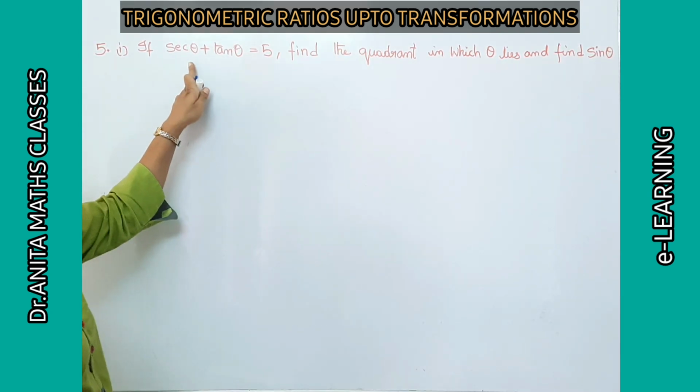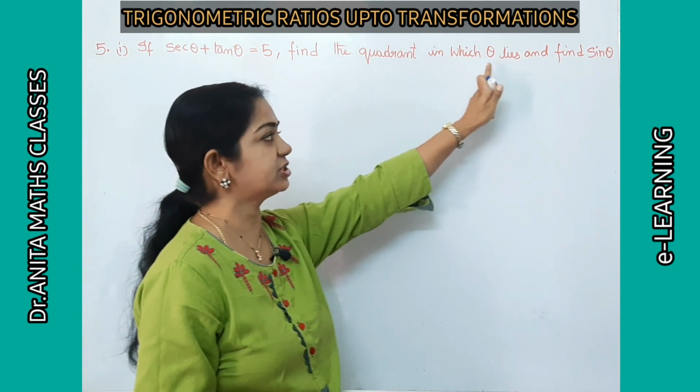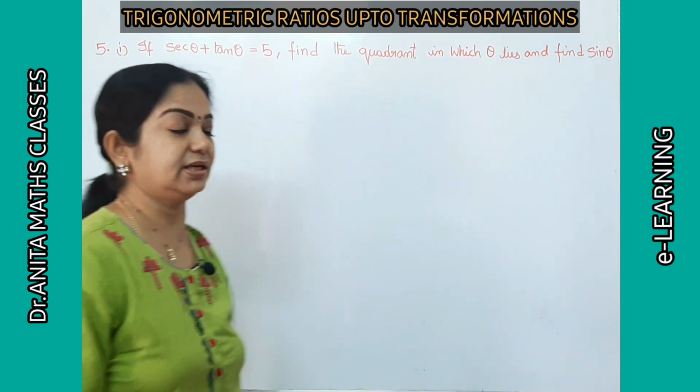See here, the fifth one. If secant theta plus tan theta is 5, find the quadrant in which theta lies and find the sin theta value.